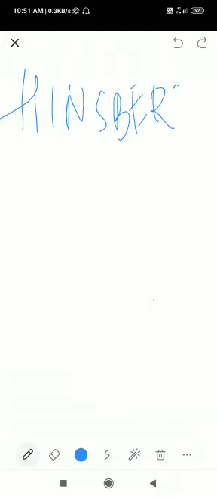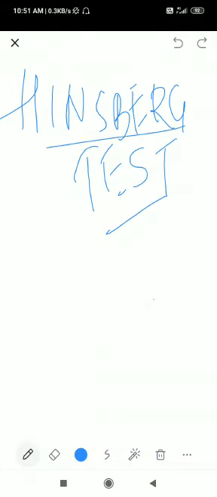Now we are starting with the tests. Okay, Hinsberg test. Now I will tell you the reagent that is used in this test, that is PhSO2Cl. Ph means phenyl.